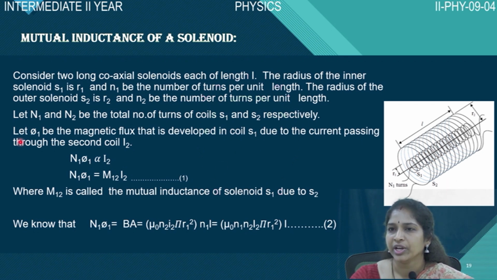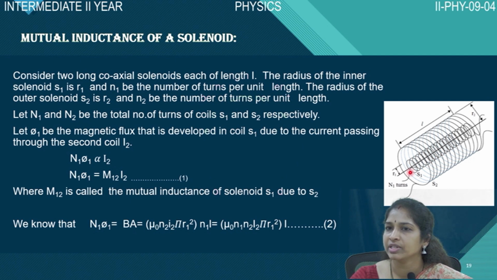We know when there is a change in the flux in one solenoid, current can be induced in the second solenoid. Or when there is a change in the flux in the second solenoid, current can be induced in the first solenoid. That is the concept of mutual induction.